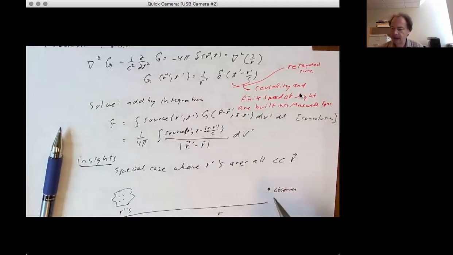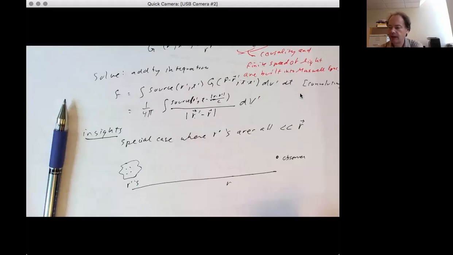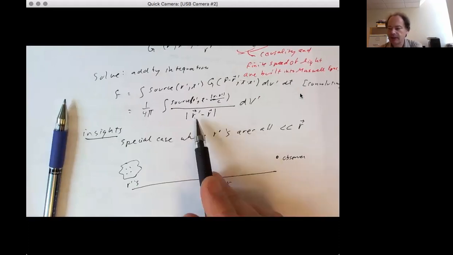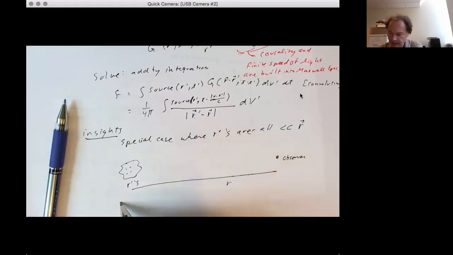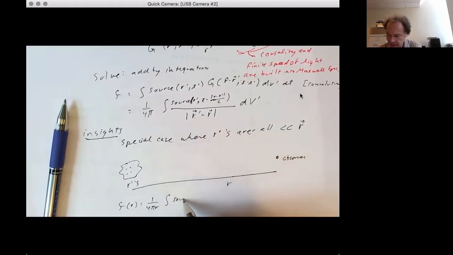And so in this case, r is much bigger than r prime. I can just put r in and factor it out. So my f is equal to 1 over 4 pi r, the integral of the source, r prime, t minus r over c. I can drop the r prime there as well, dv prime.